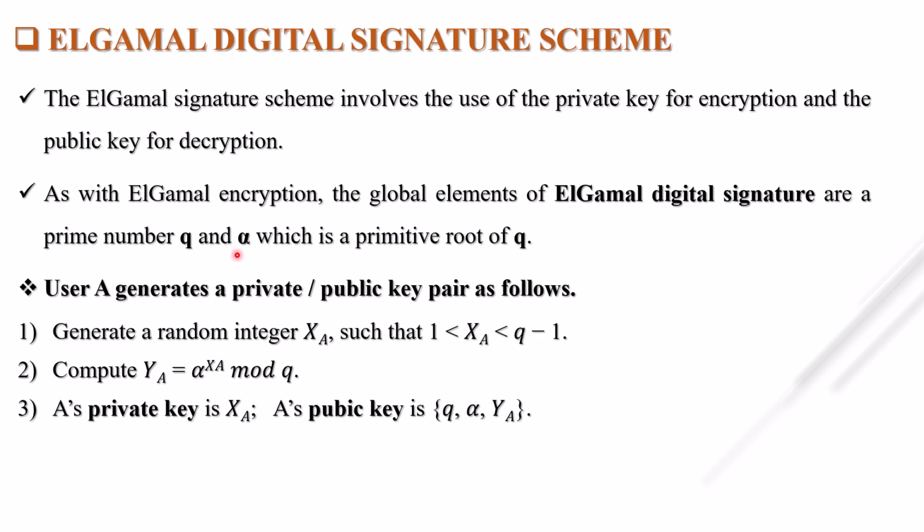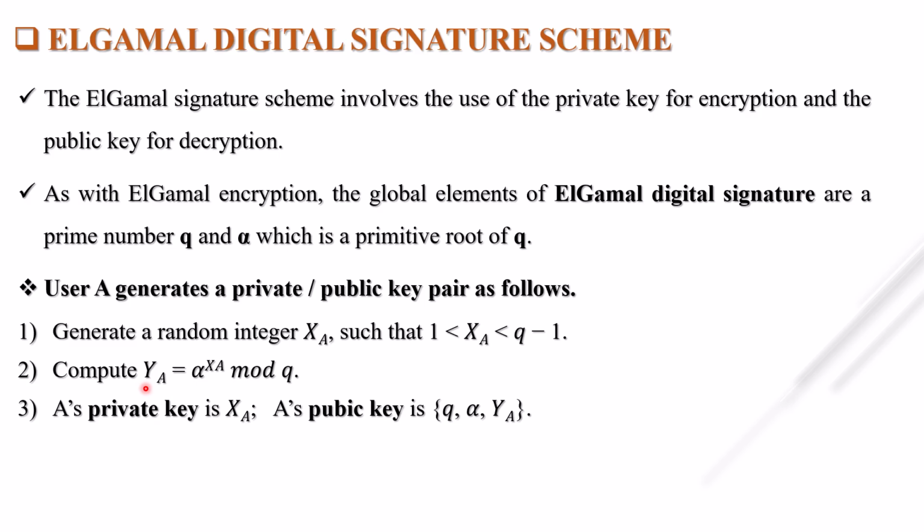Now user A, or we can say the sender, generates a public and a private key pair as follows. In ElGamal digital signature, it will create a private key and public key pair. How will they create it? Let's see. One thing we already saw in the Diffie-Hellman algorithm is that x means a private key and y means a public key.